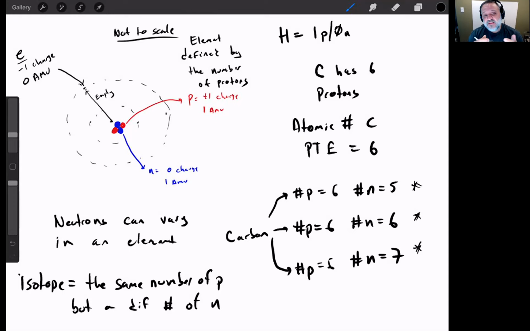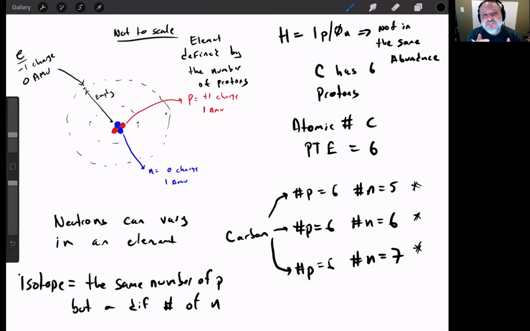Now, what we're going to get to at the end of this discussion is something called the natural abundance. What we want to get our head around is this idea that if I'm talking about the 3 versions of hydrogen, they're not in the same abundance.